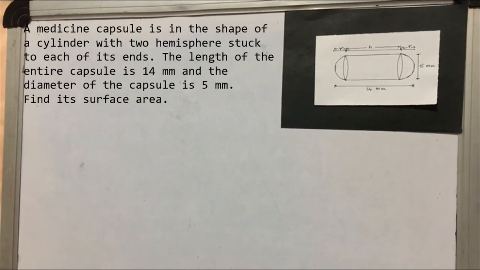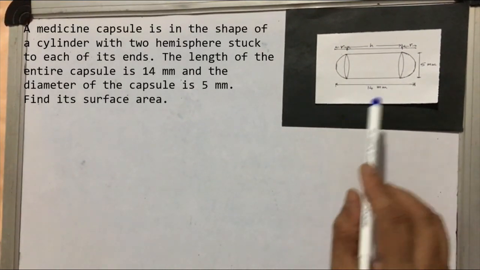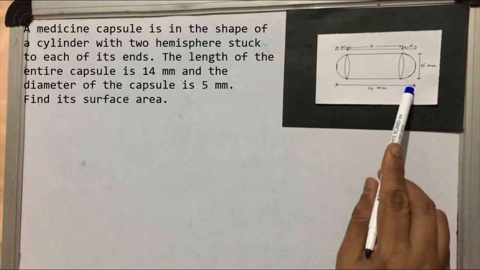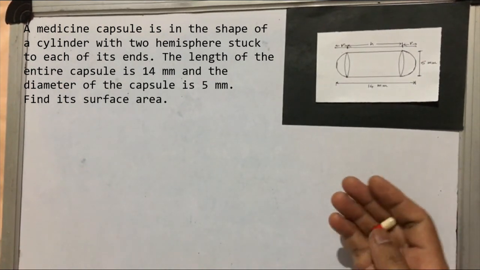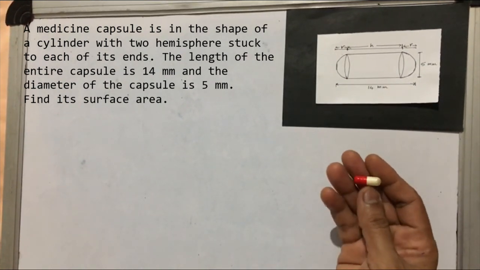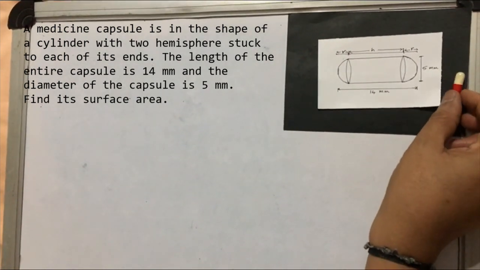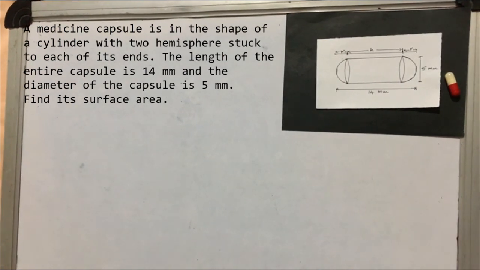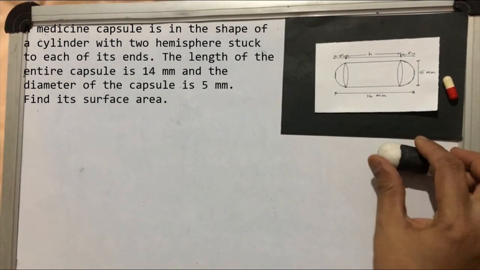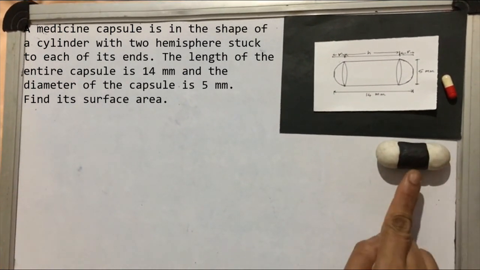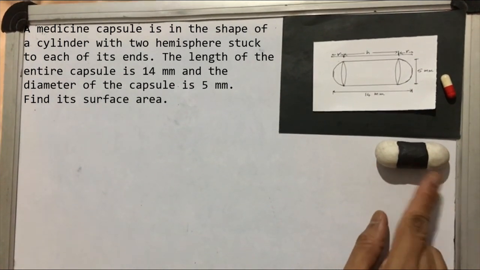It is given that a medicine capsule is in the shape of a cylinder with two hemispherical ends. Generally, we see medicinal capsules with a cylindrical body and two hemispherical ends in this manner. I even prepared a clay model here. So, it is with a cylindrical body and two hemispherical ends.